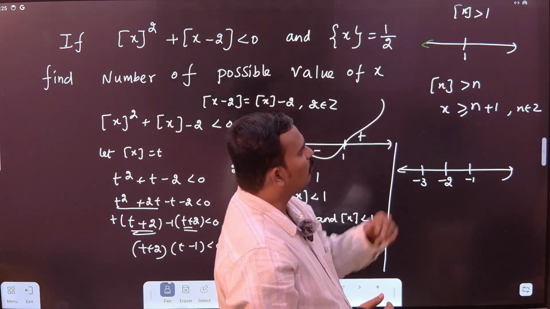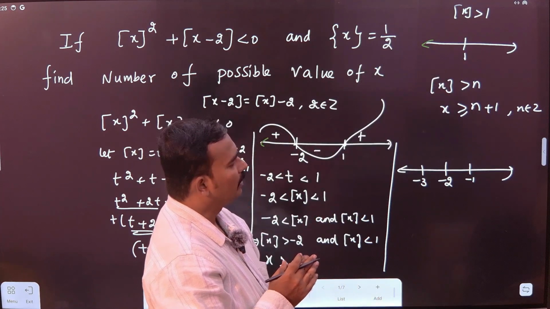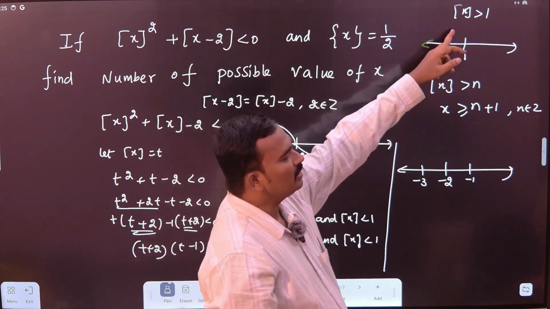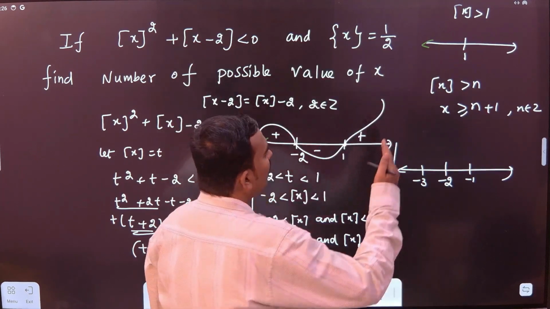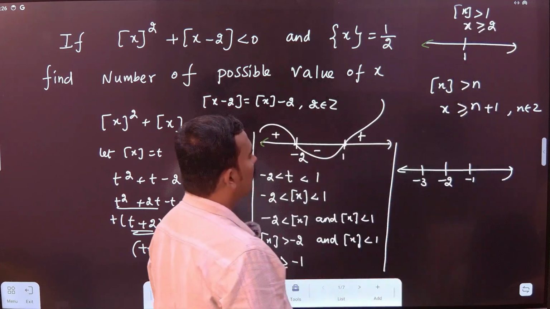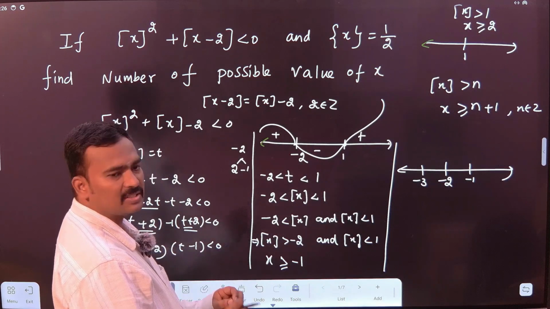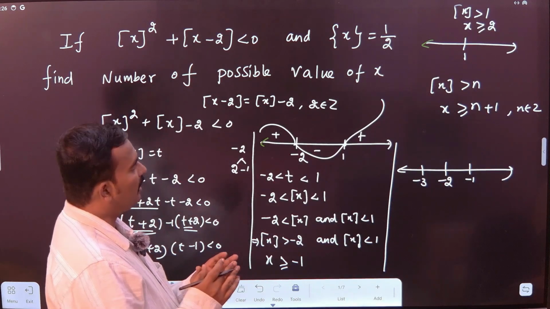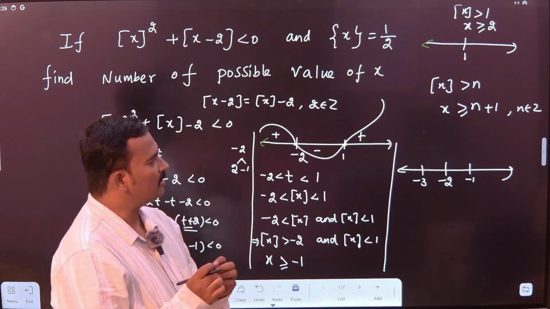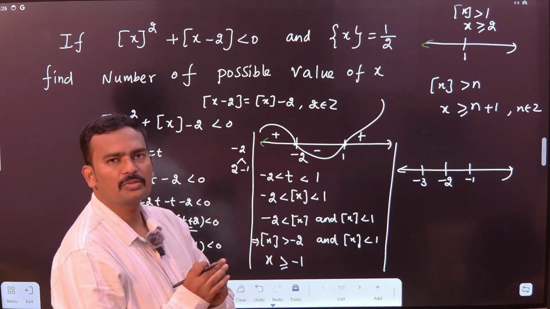If I take more than 1, let's take 1 to 2. 1.5 greatest integer function is what? 1. 1 is greater than 1? It's not possible. You can take x should be greater than or equal to 2. Understand the same idea here. Clear? 2 is greater than 1. So, that means greatest integer function of x strictly greater than n means x should be greater than or equal to n plus 1, where n belongs to integers.